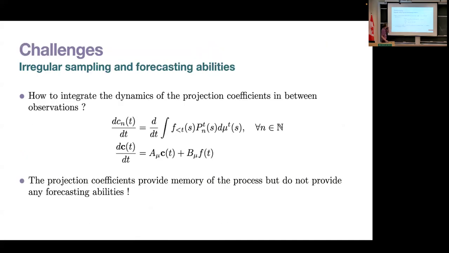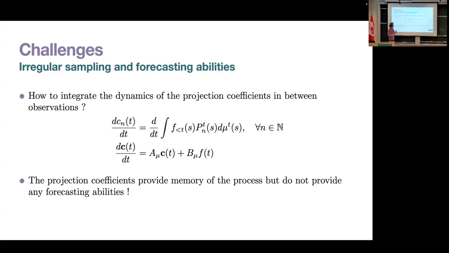But one thing is that this input signal, we don't really have that in practice, because we actually would try to predict it over time. So when we do this forecast, we would actually want to predict this. And also, as we have irregular sampling, we don't have continuous observations in between the different observations.